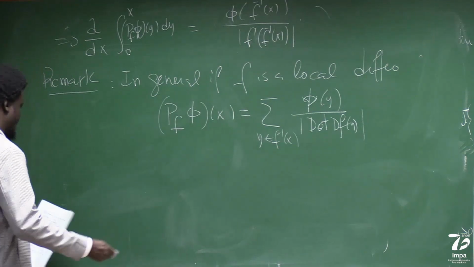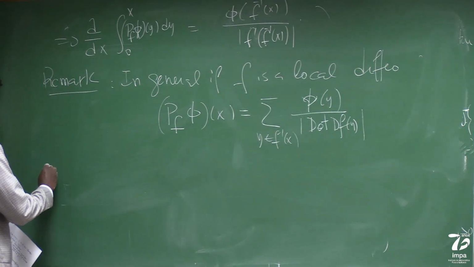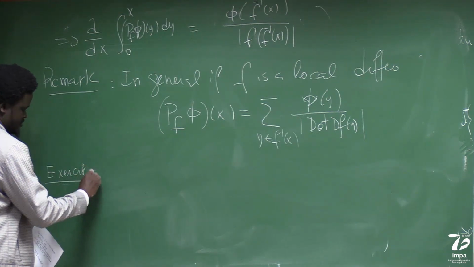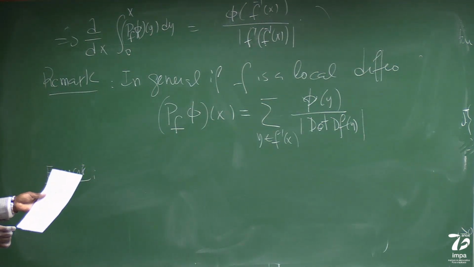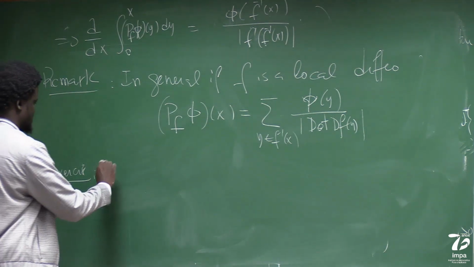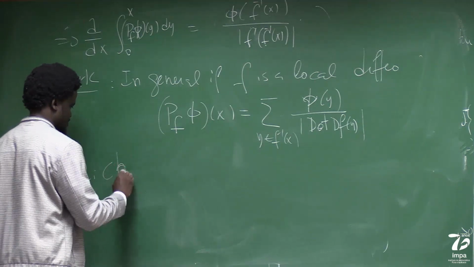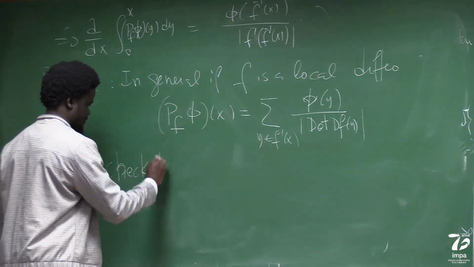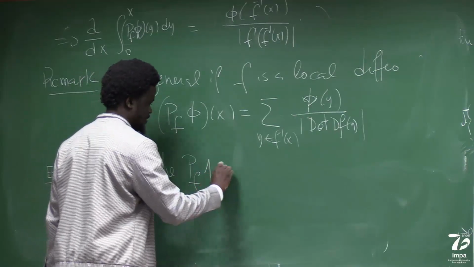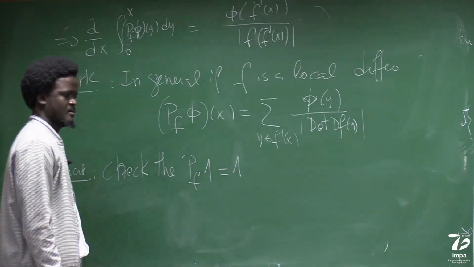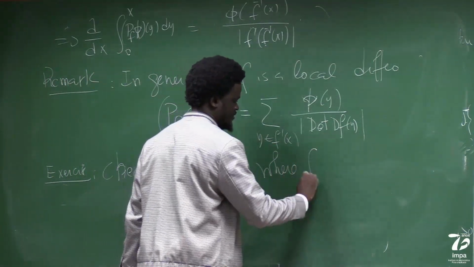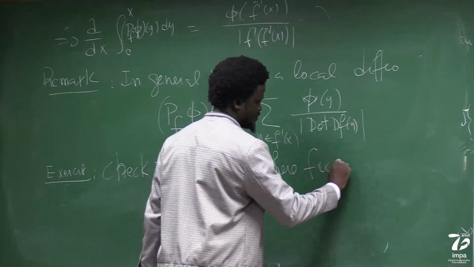So just to warm up with this operator, an easy exercise, to get used to this calculation, check that Pf of 1 equals 1, where f of x is kx mod 1.